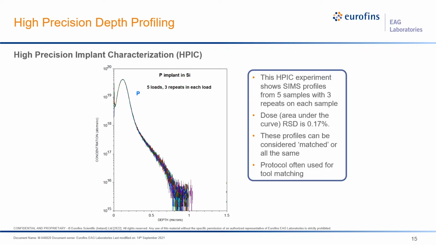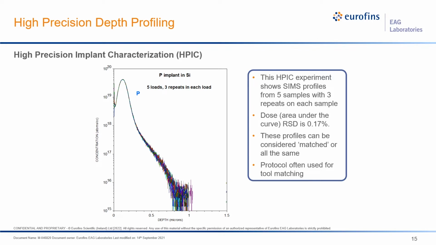This is a plot of 5 samples measured 3 times, and we're looking at 5 implantations of a silicon wafer at different times, producing the same dose, same shape, etc. In the overlay of 15 profiles on the slide, the dose calculations show that the relative standard deviation is about 0.17%. Usually in these types of studies, we're looking for less than 1% precision.